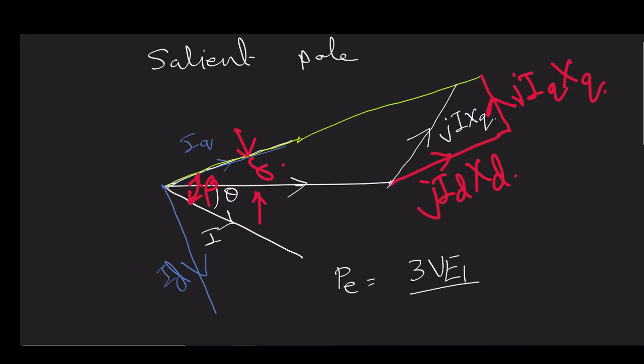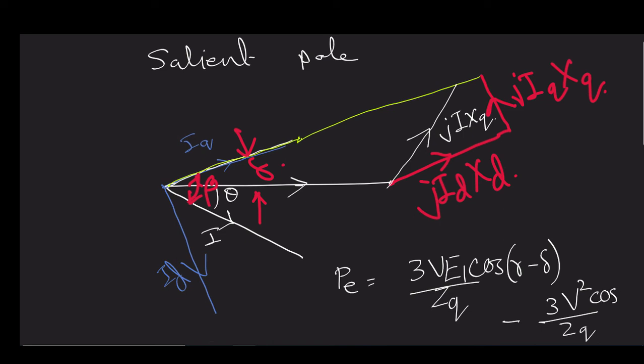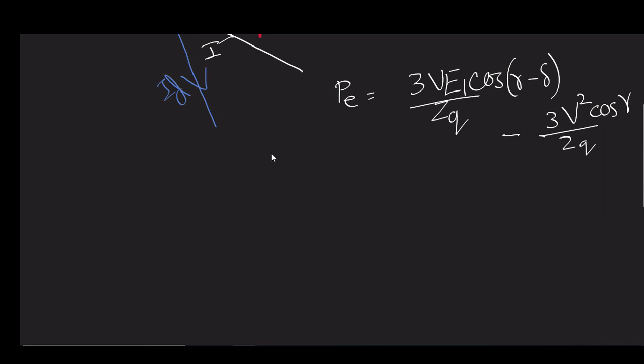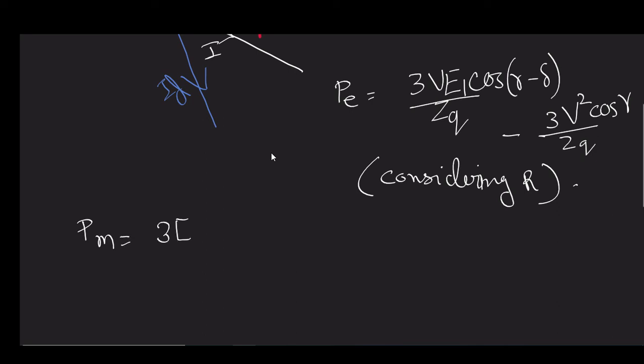If you want, then you can write it like ZQ cos gamma minus delta, minus 3V square over ZQ cos gamma. I am considering this expression is considering R. So PM will be just like the previous case.